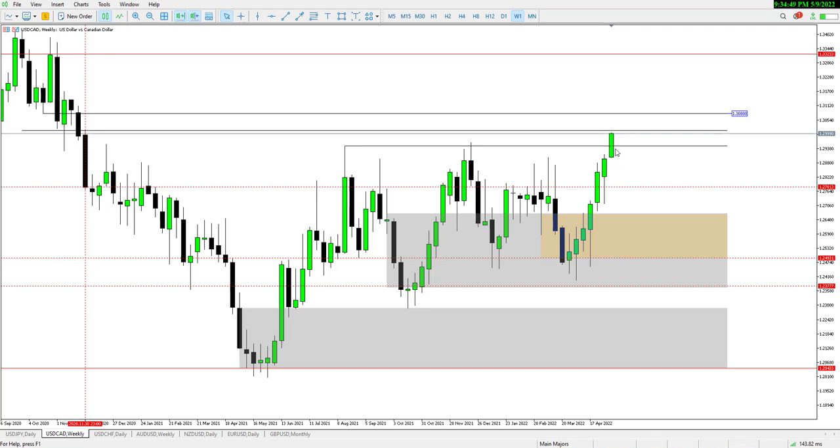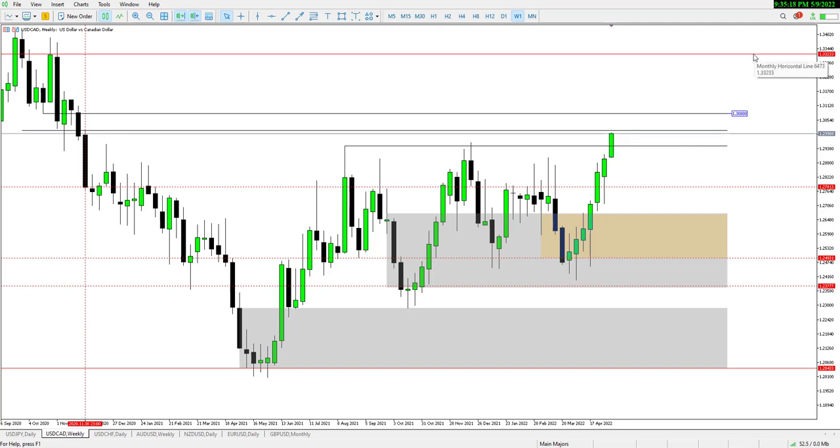It was going to close as a bullish breaker, but we are not yet there. So this is our monthly fair value gap, and that's our target for longs, right? If you are to go long right now on USDCAD, you'll be going long with a target of 1.3800.